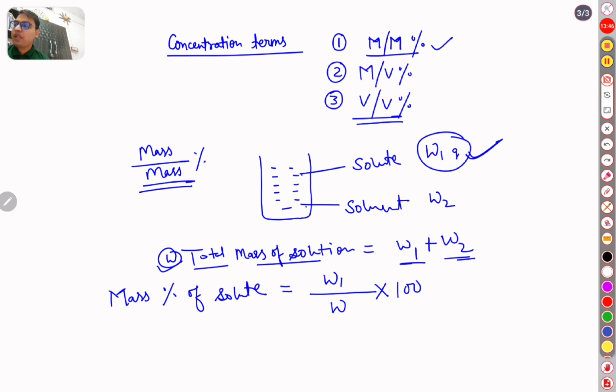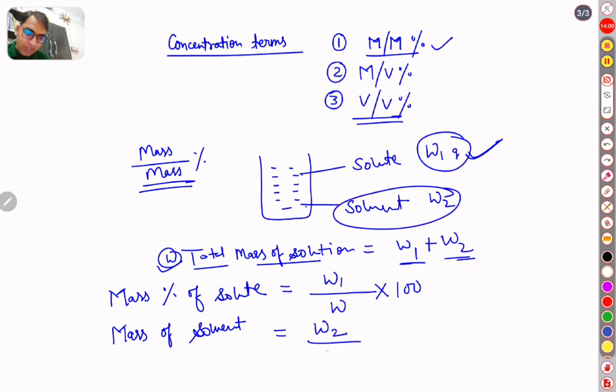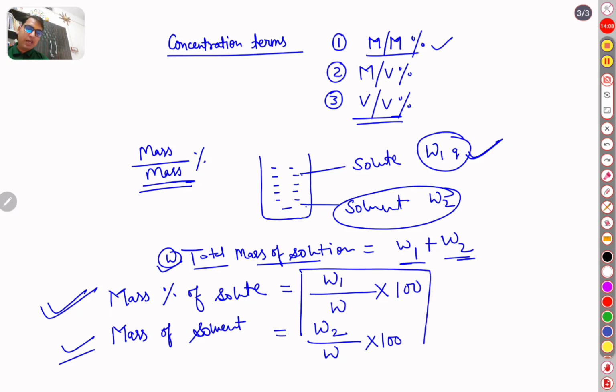And for mass of solvent, W2 is the solvent, so it is W2 by W into 100. By using this formula we can easily find the mass percentage of the solution.